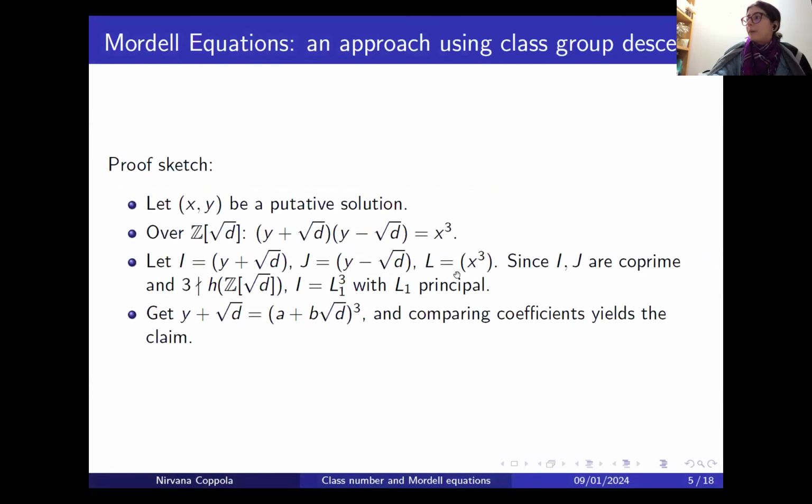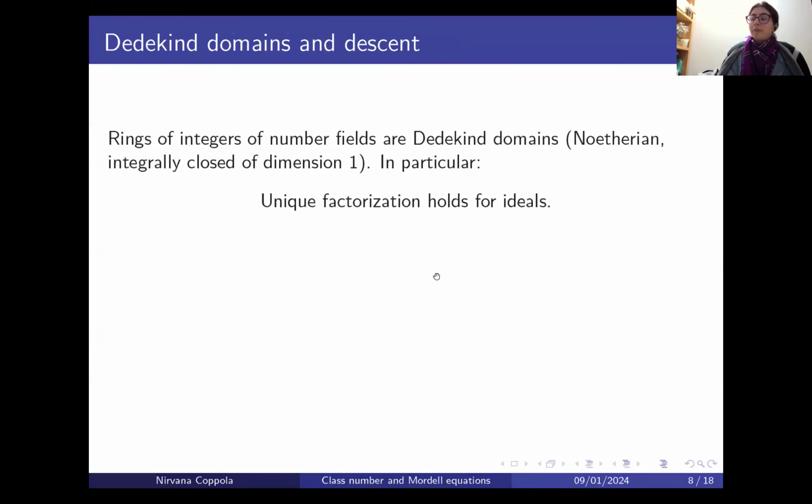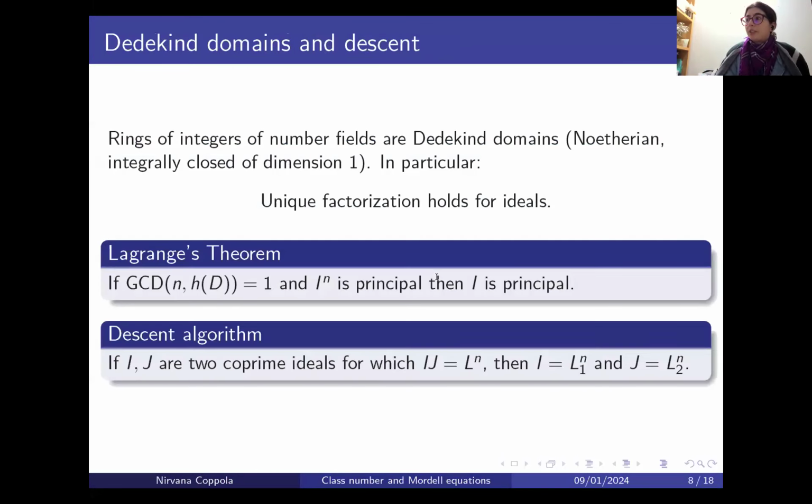We can talk about products of ideals and say I times J is equal to L cubed and so on. And we can consider a notion of prime ideals and do unique factorization exactly as we would do with integer numbers normally. And using this important result, we can structure some sort of descent algorithm that doesn't work in general with elements, but works with ideals.